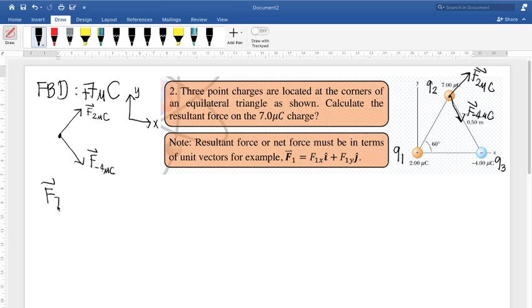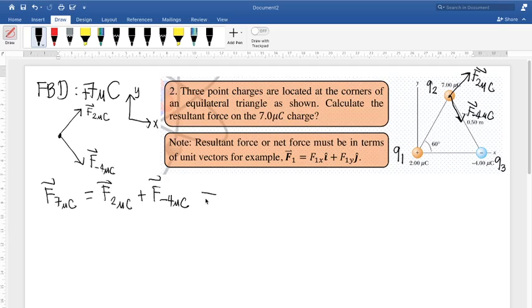So the net force on the 7 microcoulomb charge is the sum of the force exerted by the 2 microcoulomb charge plus the force exerted by the negative 4 microcoulomb charge. We have to solve them individually.